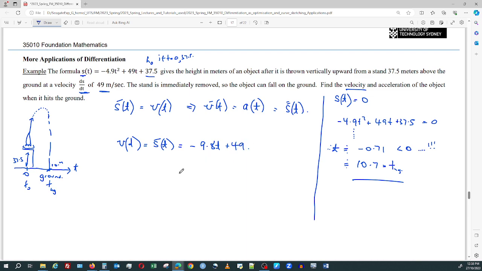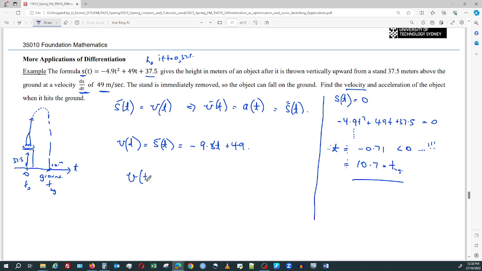There's only going to be one place where there's a maximum, but we don't need to worry about that because we're looking for when it hits the ground.